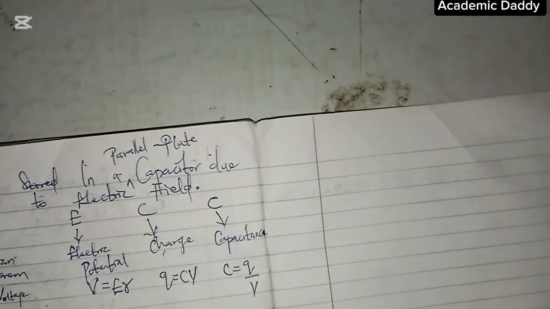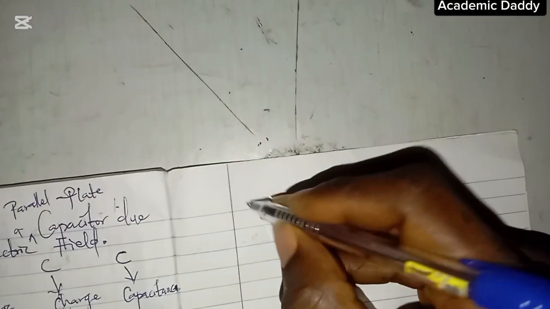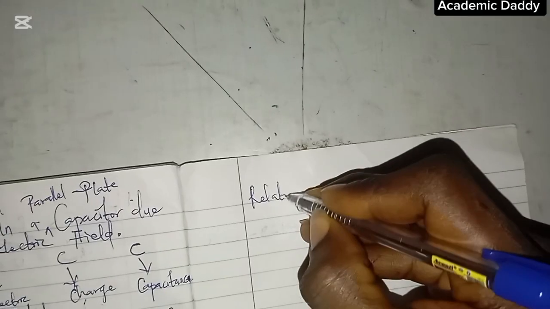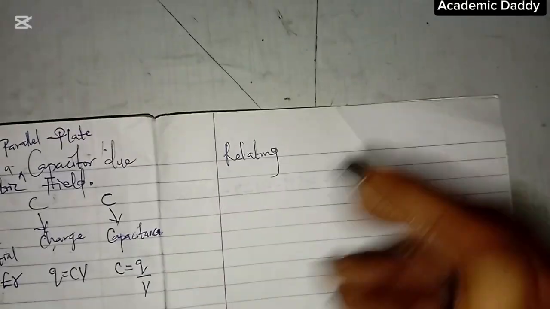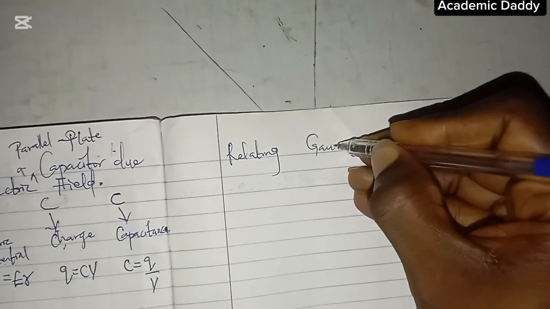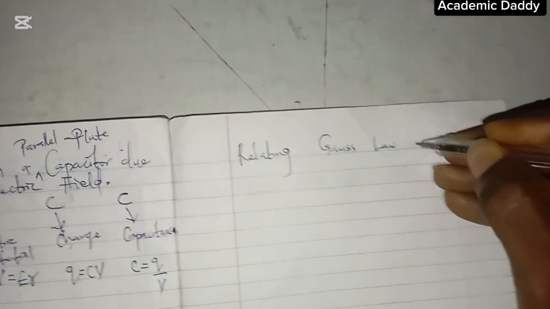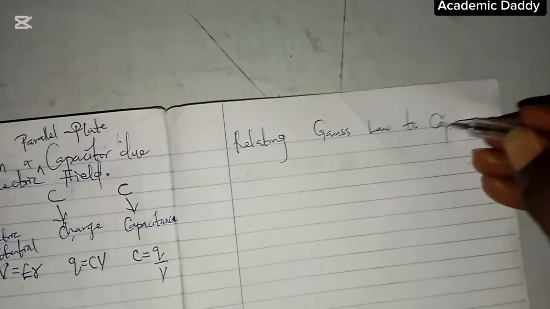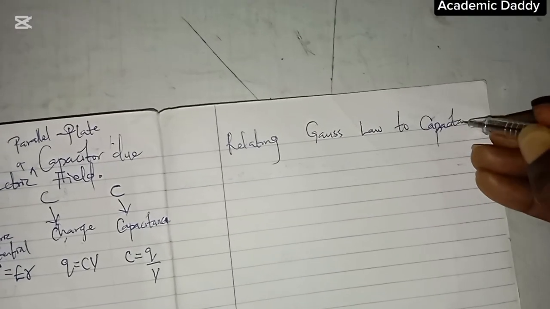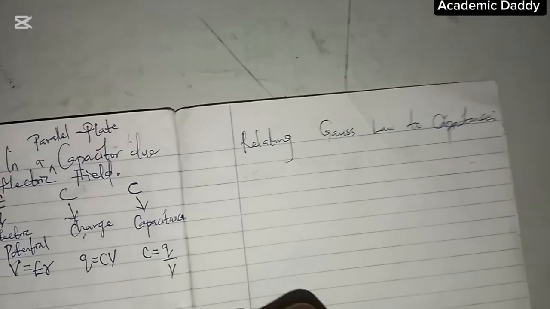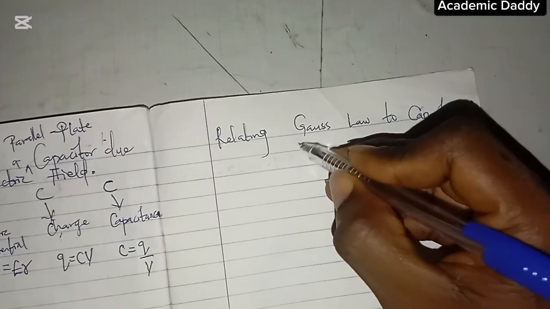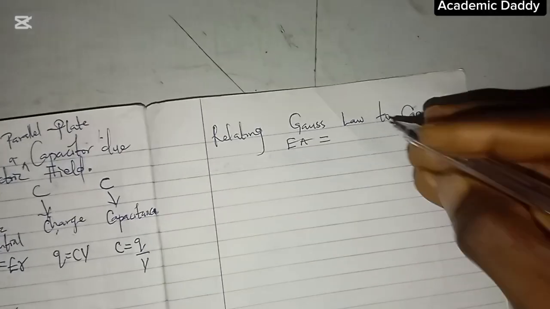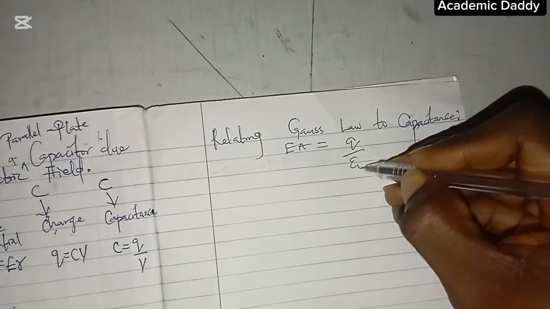Now, remember we said that we relate Gauss law to these three things. So relating Gauss law to capacitance, we can do that by saying EA equals Q over E naught.